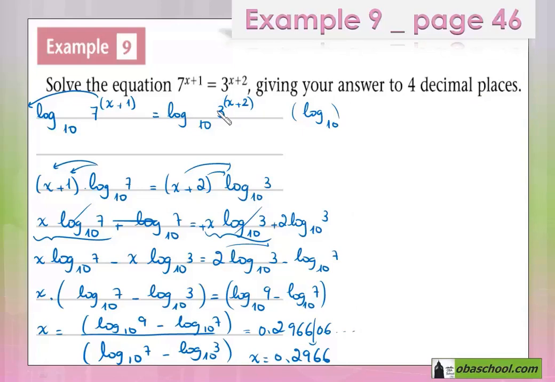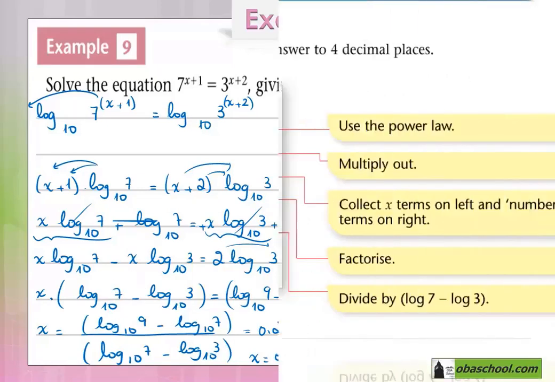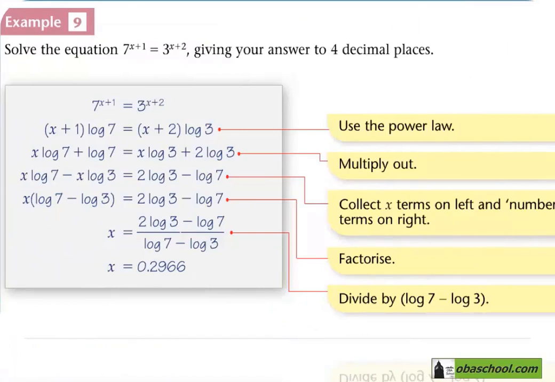A quick recap: we introduced the log. After that, we worked on expanding the coefficients. After expanding, we did some factorization in order to isolate the variable x, the variable we are trying to find out, and then we worked with the calculator.